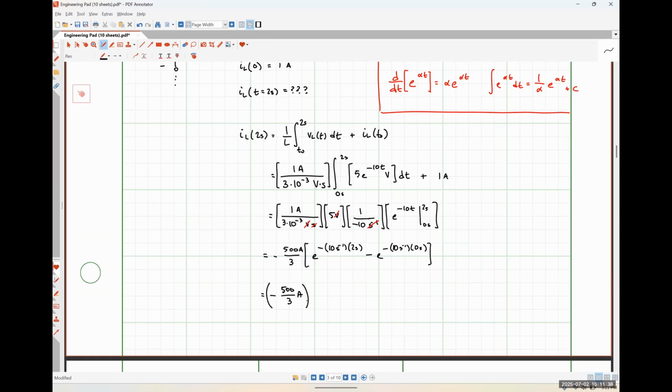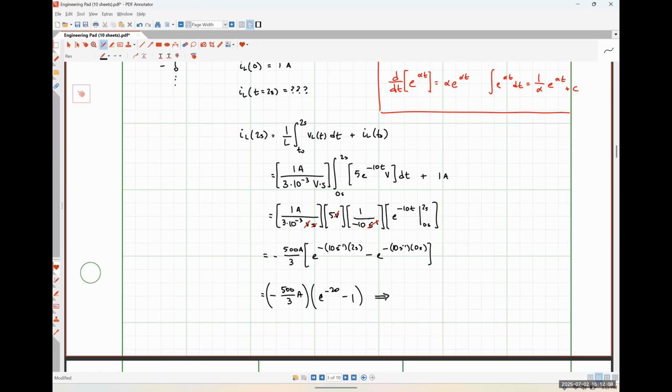E to the negative 20 is a really tiny number. And then e to the 0 is just 1, so that'll be minus 1.